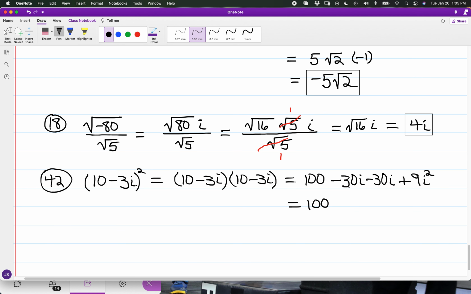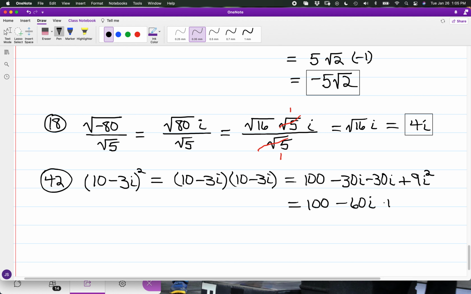So here we have 100, negative 30i minus 30i, we have a negative 60i. Now for 9 times i squared, we have 9 times negative 1. And bringing the other terms down, you have 100 minus 60i minus 9.